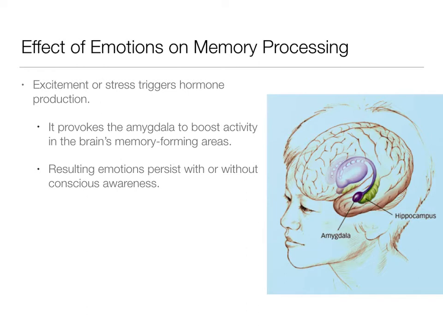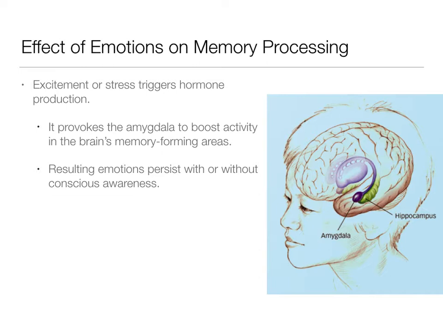So regardless of whether it's good stress or bad stress, stress hormones are being secreted, and that really turns the amygdala on to boost those memory forming areas. So basically, those hormones can be like a switch that turns on the amygdala to boost the activity in forming memories. So this really results in memories being formed with or without conscious awareness. So this can be both implicit or explicit.